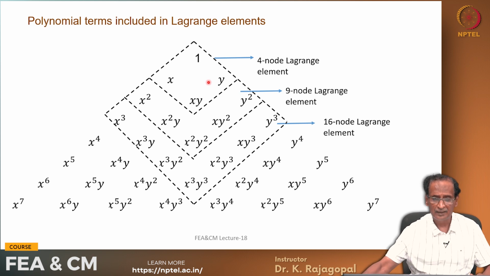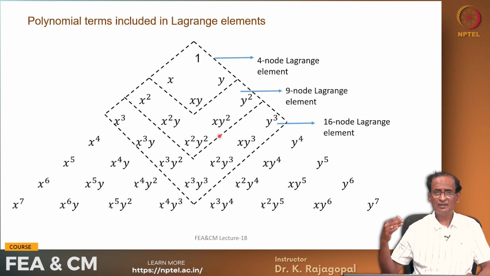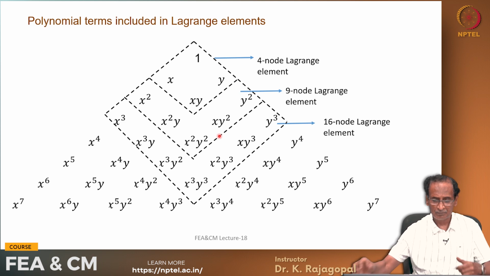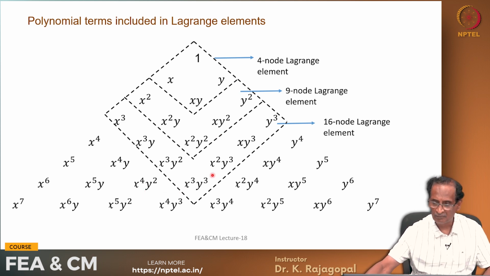And all our Lagrange elements, they include only the terms within these highlighted areas, and the Lagrange elements include some higher order terms, but while neglecting some lower order terms. Okay. Like for example, the 16-node Lagrange element will have this x cube y cube term, but it will not have this x to the power 4, y to the power 4 and so on, all these lower order terms. Okay.